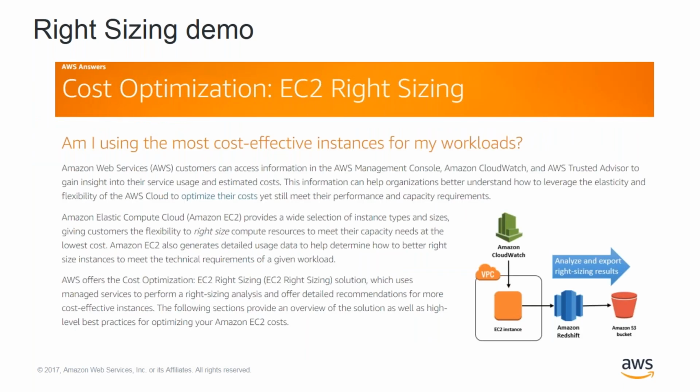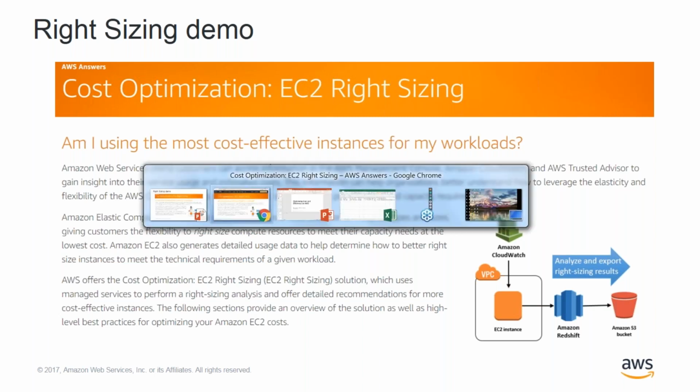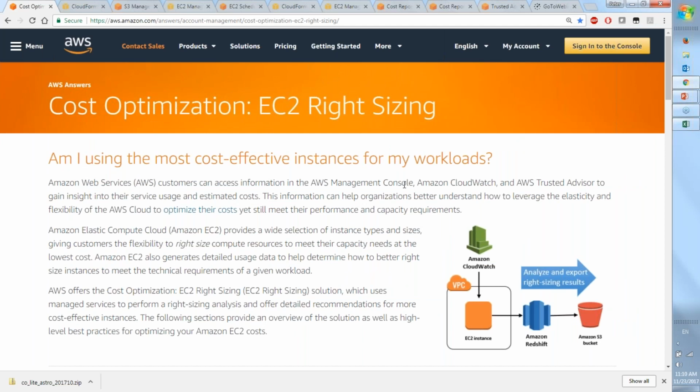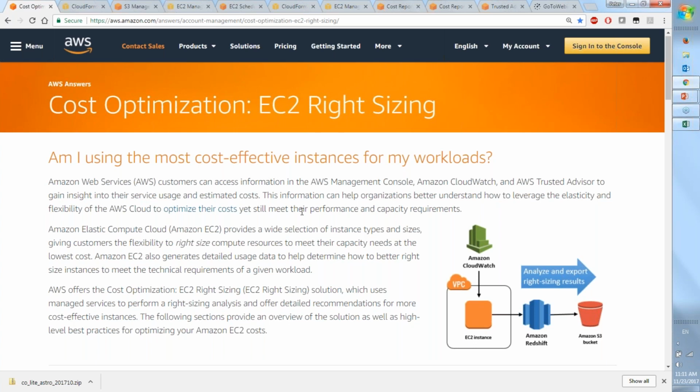So the first demo is about EC2 right-sizing, and it's a tool that deploys a framework and produces a report recommending instance changes based on, I believe, 14 days of usage. So here's the website. If you search up EC2 right-sizing, this is the first thing that typically comes up, and the web slides will be provided at the end of this webinar via email, so you can use the link there as well.